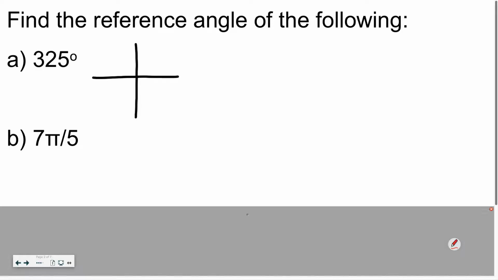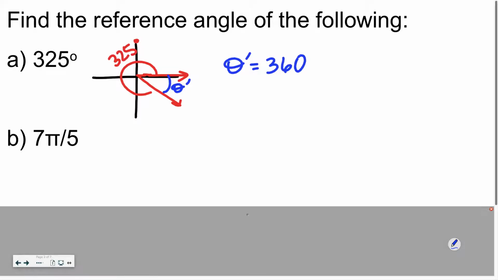Sydney, which quadrant is 325 degrees in? Quadrant 4. So here is 325 degrees, okay? And if we want our reference angle, Addie M, how did you calculate the reference angle? Do you notice how I'm writing the degree symbol?